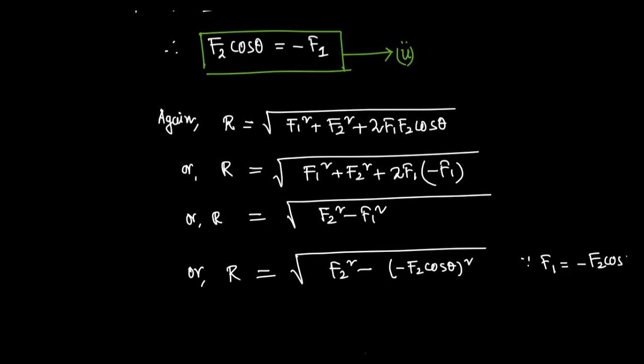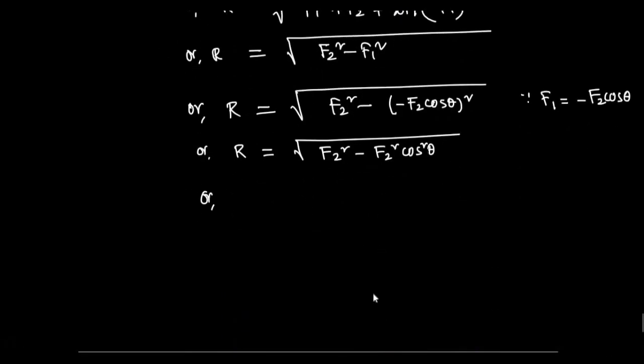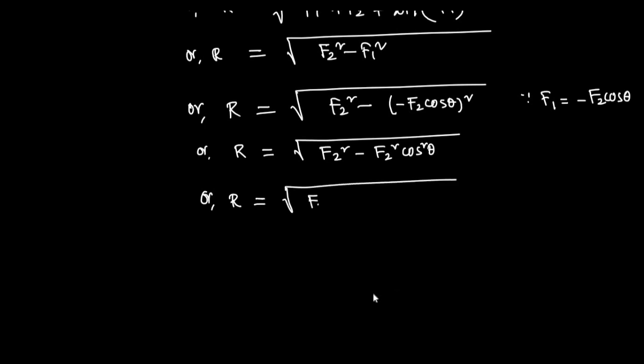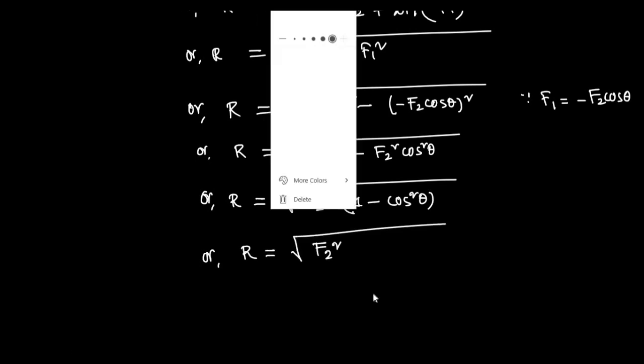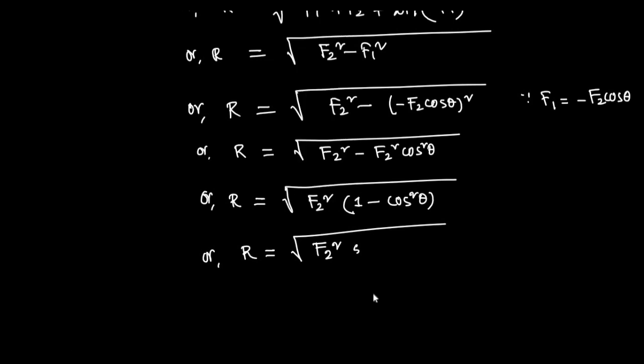Since F1 is equal to minus F2 cos theta, R is equal to root over F2 square minus F2 square cos square theta. F2 square is taken common under bracket: 1 minus cos square theta, so R is equal to F2 square sin square theta, since 1 minus cos square theta is sin square theta. Therefore, R is equal to F2 sin theta.